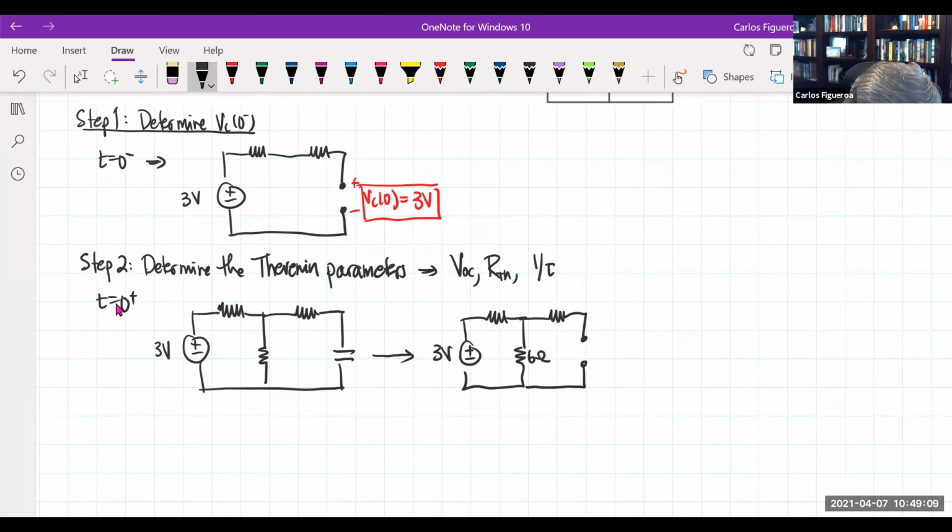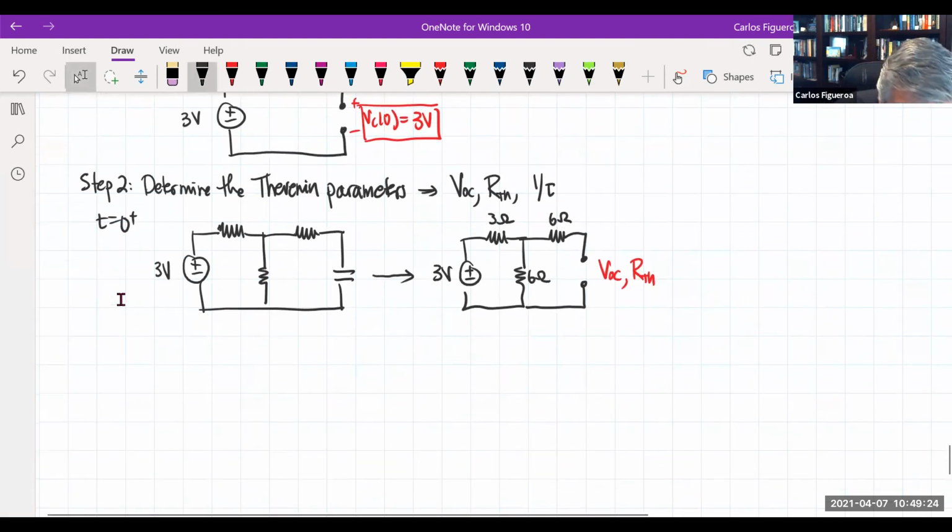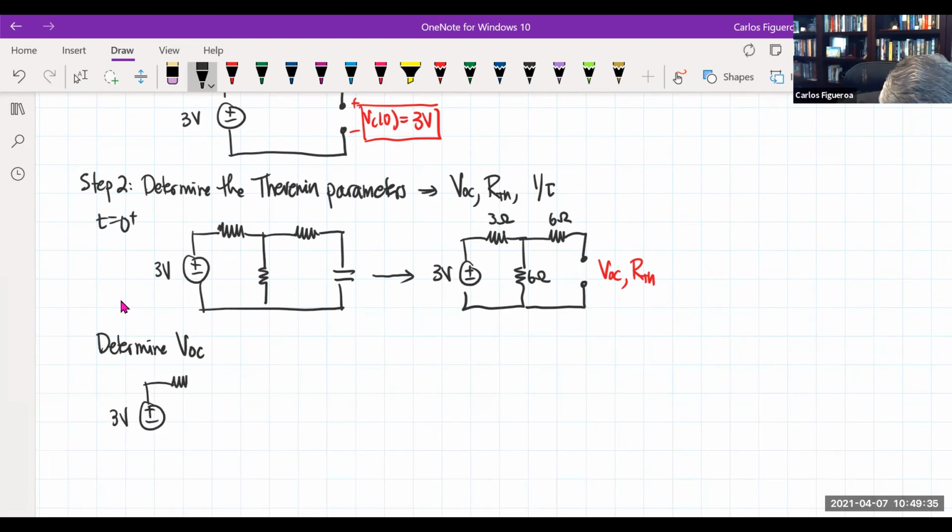I know this is a 6, 6, 3, and I need 2 things. I need VOC and I need RTH. So I'm going to go determine VOC. This circuit says I have 3 volts. I know this is 3. I know this is 6. This is 6. And I'm after VOC.